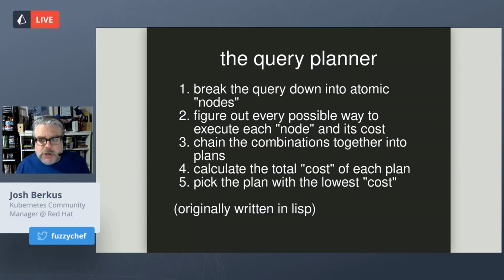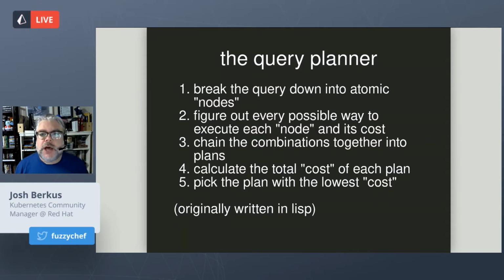So it breaks it down into nodes. It figures out every possible way to execute each node, and the approximate amount of work that they'll take, chains that together into what's called a query plan, and then figures out what the cheapest query plan is.